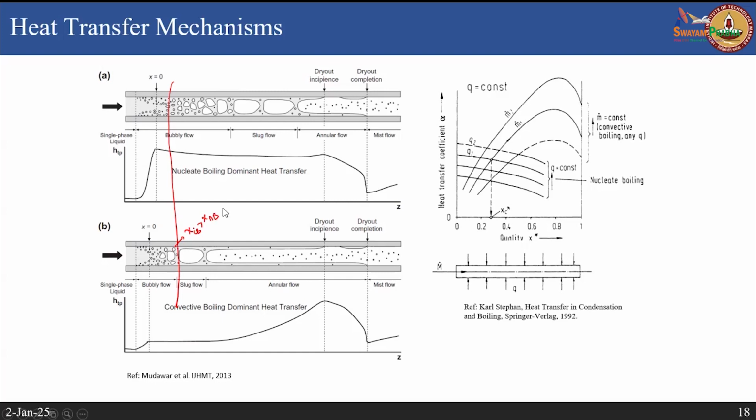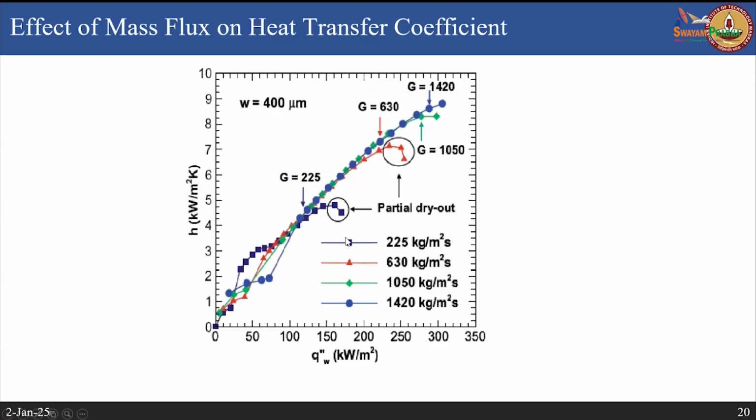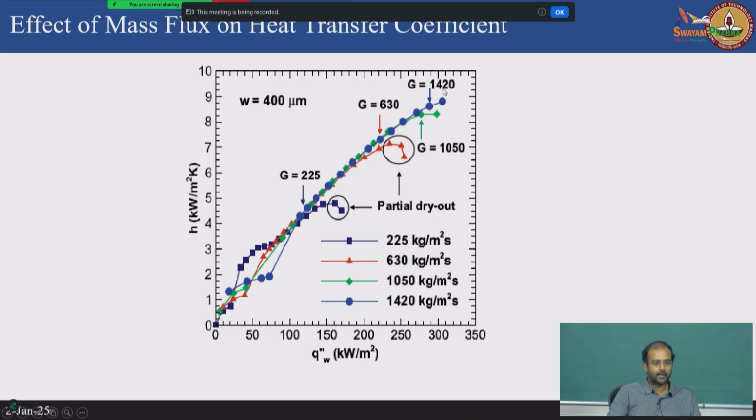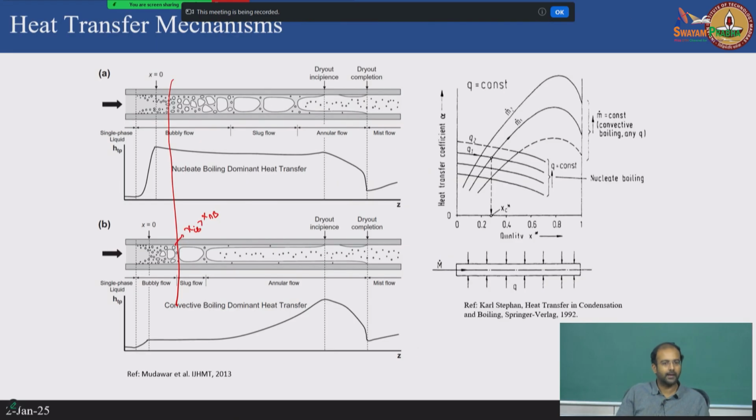But then the question that she was asking is, if that is the case, how does the critical heat flux get enhanced when I increase my mass flux? As it goes more and more towards the convective boiling dominant, how does the critical heat flux get enhanced if my vapor quality seems to be higher?